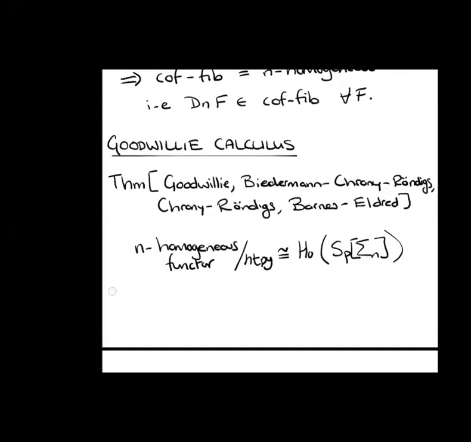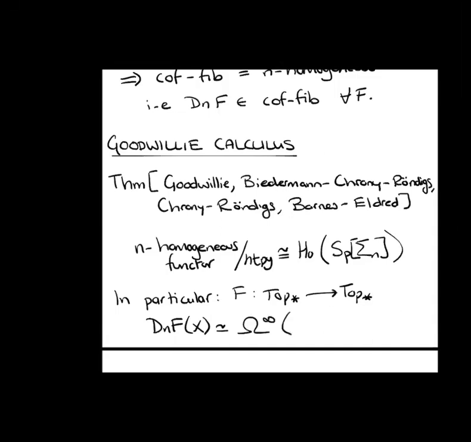So in particular, this comes in the form everyone is probably familiar with. You take some functor, say from based spaces to based spaces, and you get that the n-th layer at some space X is an infinite loop space of the derivatives smashed with a bunch of copies of your space, and then you mod out by the Sigma_n action.